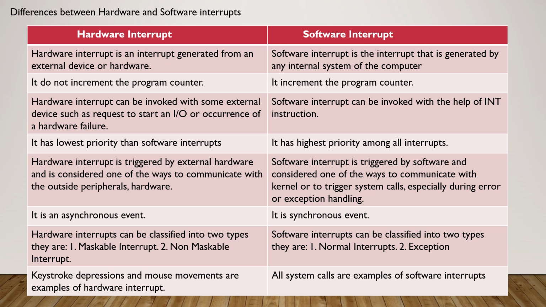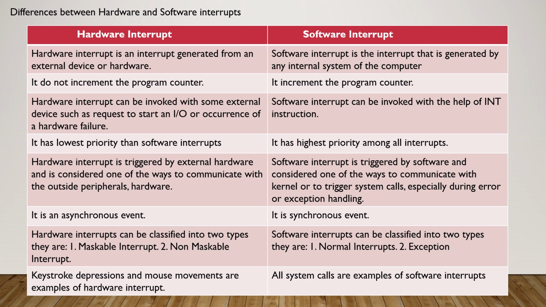The difference between hardware and software interrupts. A hardware interrupt is an interrupt generated from an external device or hardware. Coming to software interrupts, a software interrupt is generated by an internal system of the computer.